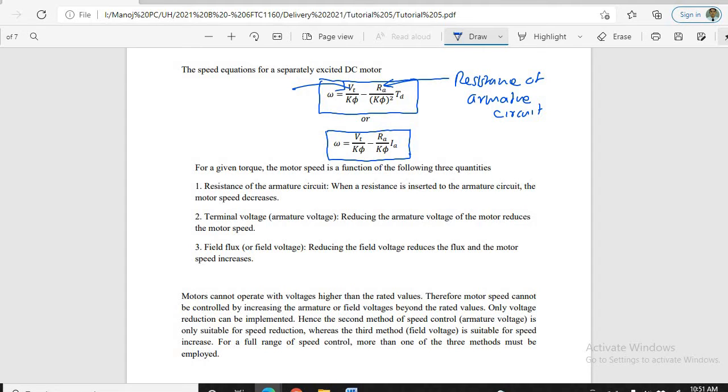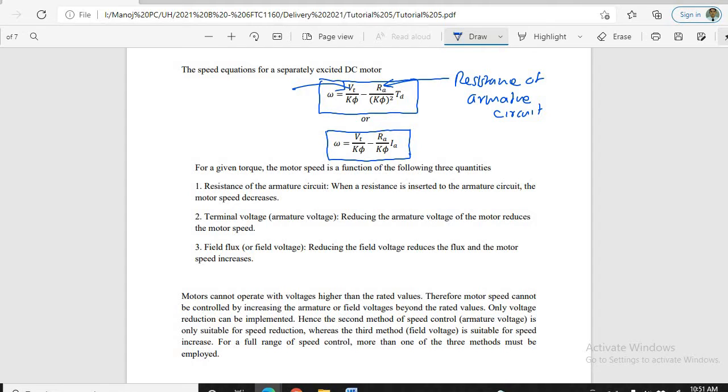You can see that reducing the armature voltage of the motor reduces the motor speed. So omega and Vt are proportional. When I reduce Vt, omega will reduce. So why are we only talking about reducing the armature voltage?